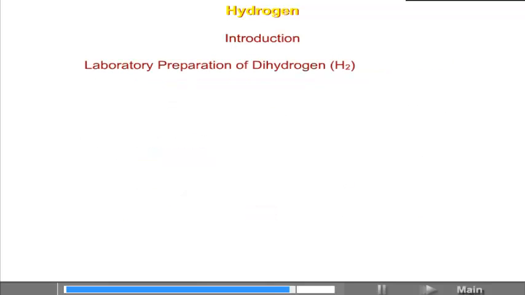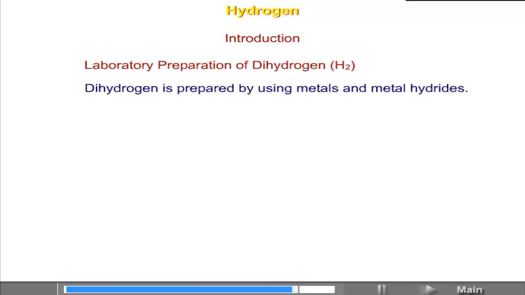Laboratory preparation of dihydrogen, that is H2. Dihydrogen is prepared by using metals and metal hydrides. First one, zinc plus 2 NaOH gives Na2ZnO2 plus hydrogen gas evolves.